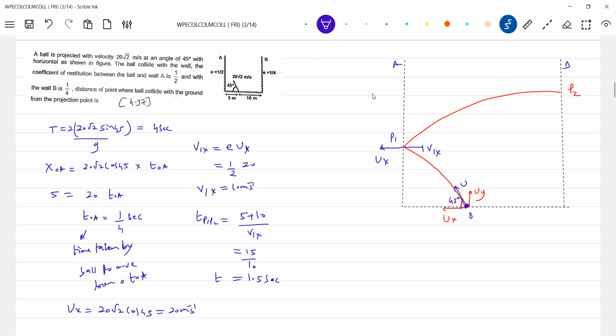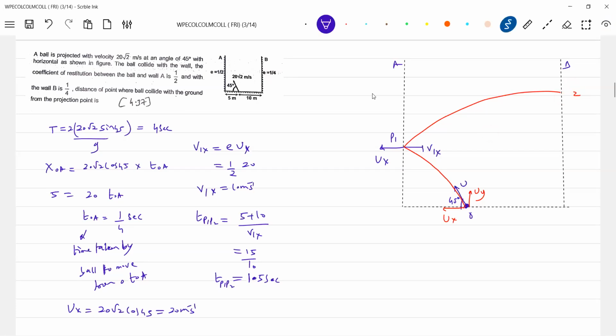Time taken to move from P1 to P2, okay, 1.5 second is over. And in that you remove 0.25. So the remaining time left over is how much? 2.25 seconds. So the 2.25 seconds it has to move.